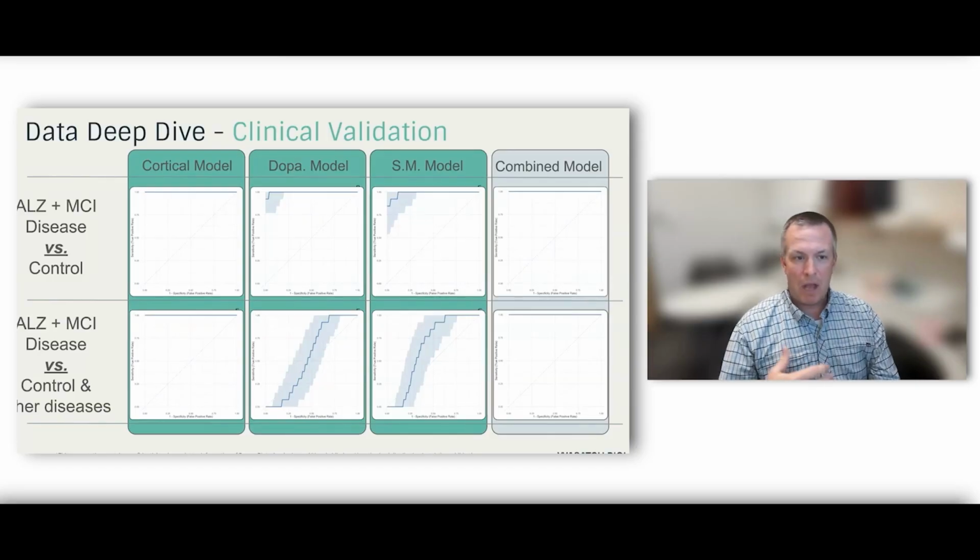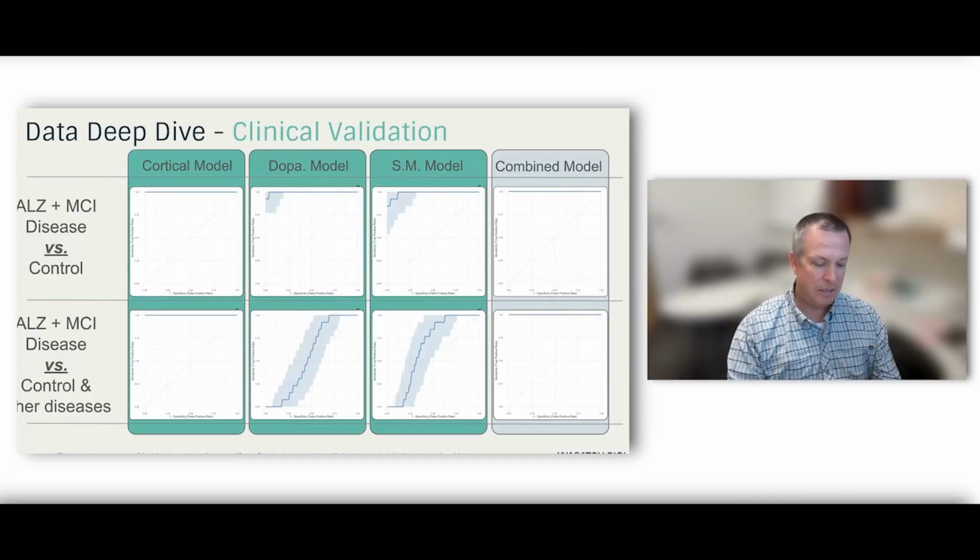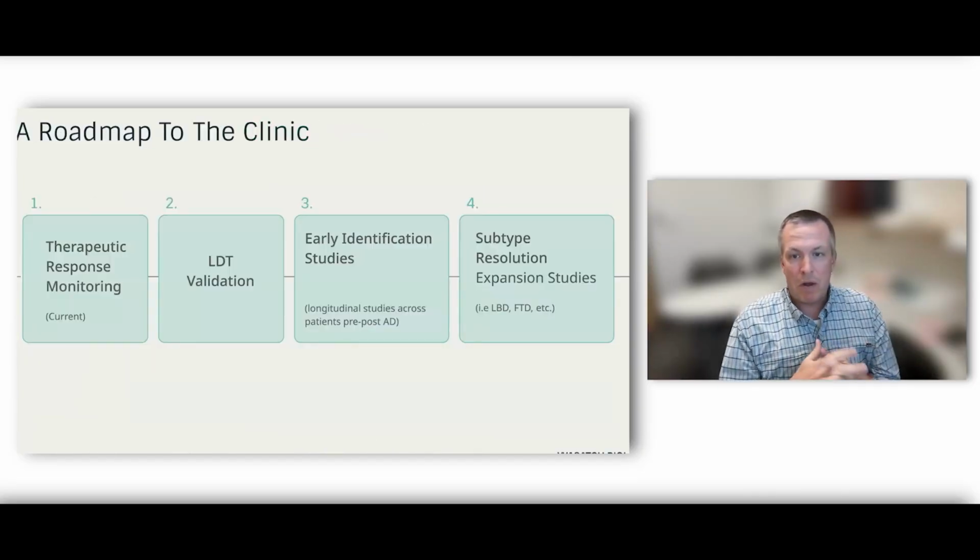So we've gotten to the point now where we can discriminate between these different cell types, and they provide a lot of extra information that enables us to discriminate between different disease states, all different forms of neurodegenerative disease.